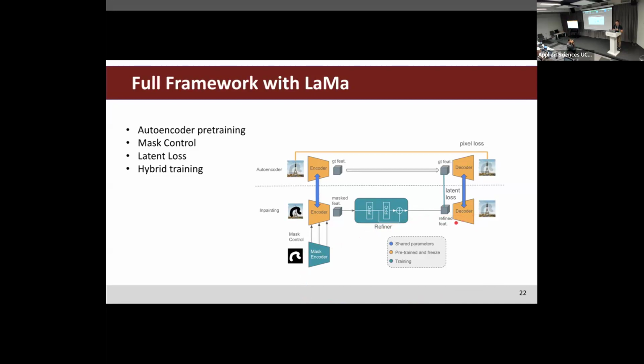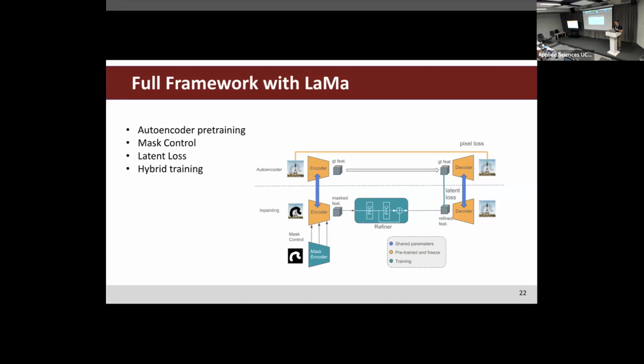And actually, we want to use adversarial and perceptual loss for a clearer inpainting result. So for this, we need to do hybrid training, meaning that we have one loss before the decoder and two losses after the decoder. And for this, we need to somehow combine them.